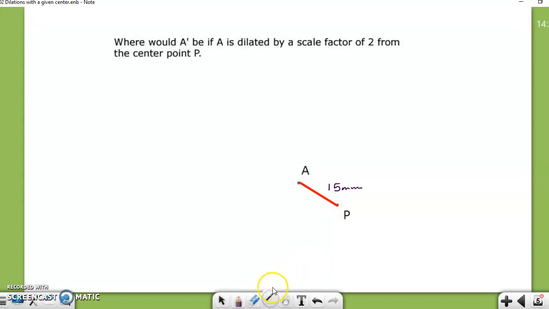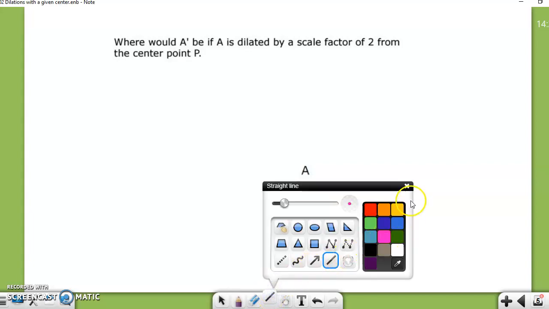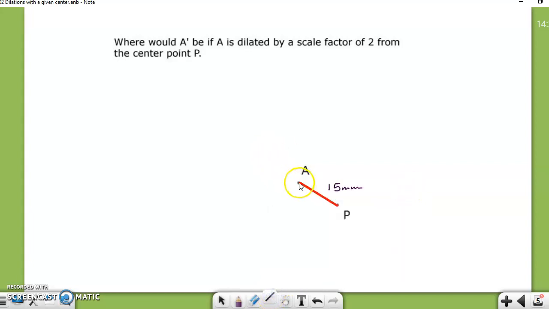So I would continue on another 15 millimeters from A, trying to keep it a straight line. And that's where A prime would be. And from A prime all the way back to my center of dilation would be 30 millimeters.